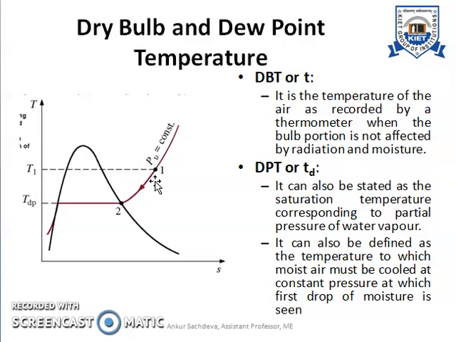Now partial pressure of water vapor in the atmospheric air is very low. If you consider the atmospheric pressure as 1.0325 bar, then the partial pressure of water vapor may be 0.05 bar at a particular temperature. At 0.05 bar, the corresponding saturation temperature value is very low.